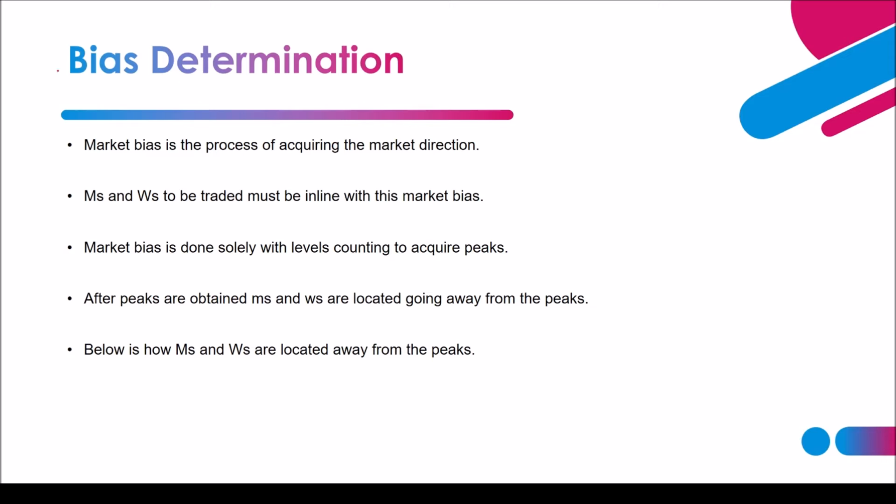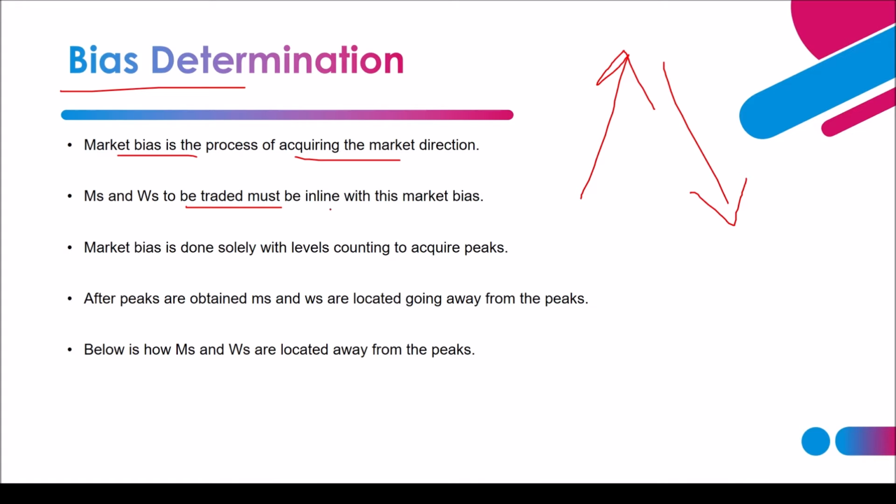So the first topic is bias determination, which is one of the most important parts of trading these M's and W's. Market bias is a process of acquiring the market direction. Is the market going up or is the market going down? M's and W's to be traded must be in line with this market bias.